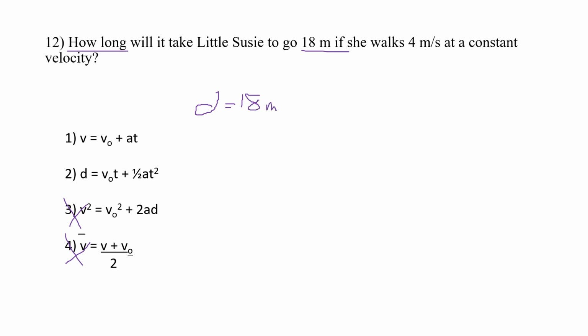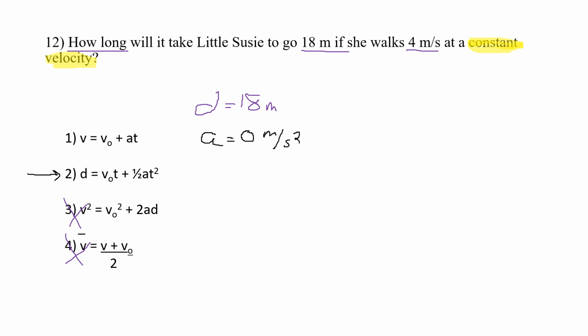If she walks 4 meters per second, if I see the term constant velocity, I know that means the acceleration is 0. And as I said, when the acceleration is 0, equation 2 is the equation to use.